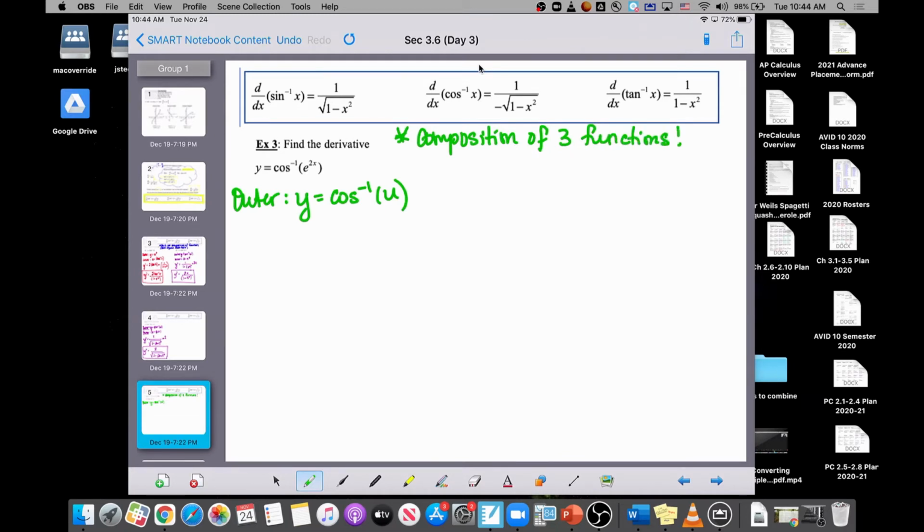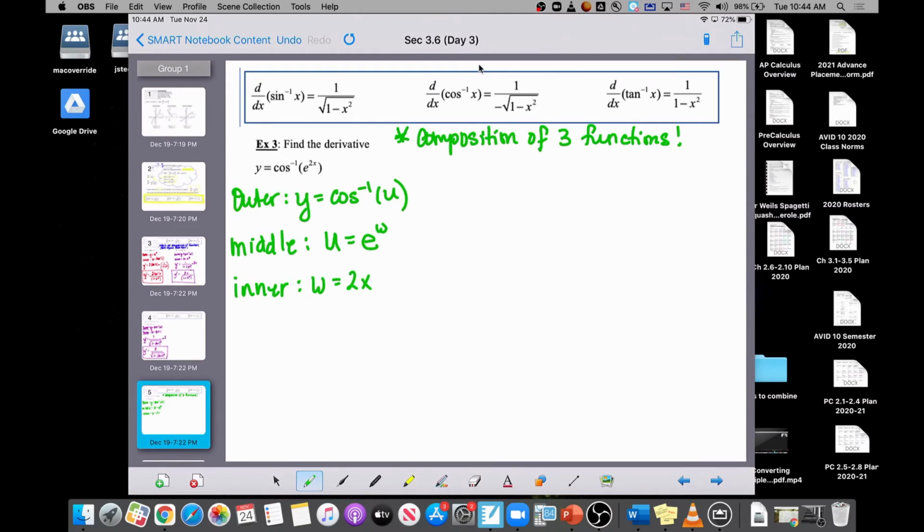Right? So our outer function is the inverse cosine. Our middle function, in this case, would be u equals e to the, and now I need another variable, so we'll go with w. U equals e to the w. And then our innermost function is w, which is the exponent on the e, is 2x.